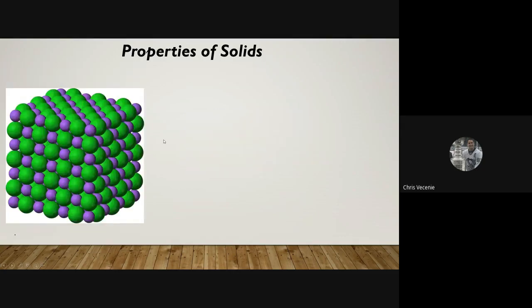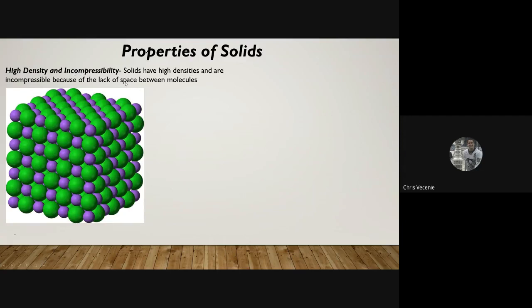Third property of a solid. This is one that is similar to liquids, so I've combined them together. High density, just like liquids, and they're incompressible, just like liquids. Why? For the same exact reason liquids are incompressible.